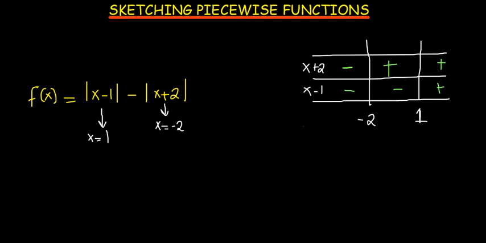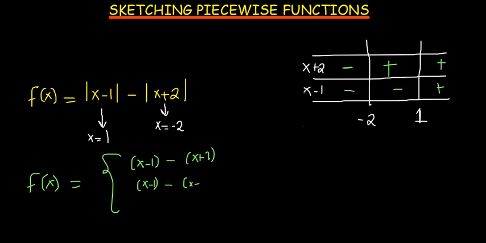So now what I'm going to do is write this function f of x is equal to, but I'll not include the absolute function. So I'll write it as x minus 1 minus x plus 2. I'll write it 3 times: x minus 1 minus x plus 2, and again x minus 1 minus x plus 2.